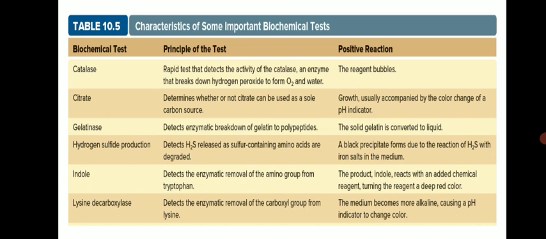Indole production is also important as far as biochemical tests are concerned. Lysine decarboxylase detects enzymatic removal of the carboxyl group from lysine. These are a few examples of biochemical tests routinely performed for identification of microbial species.